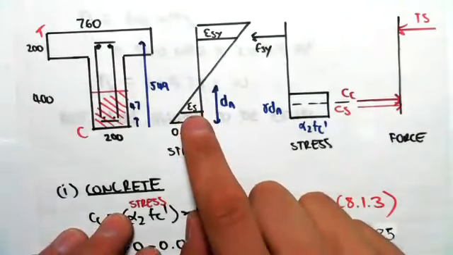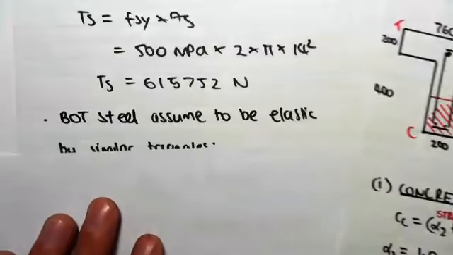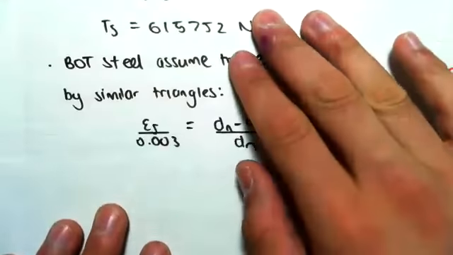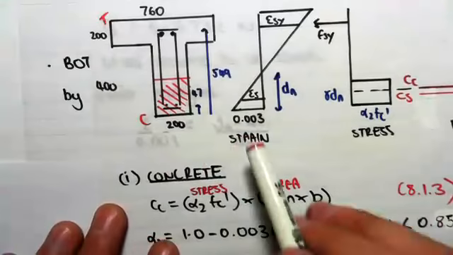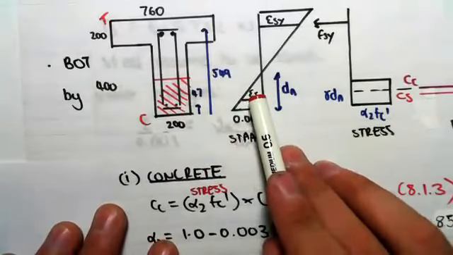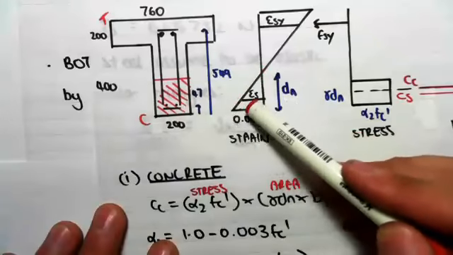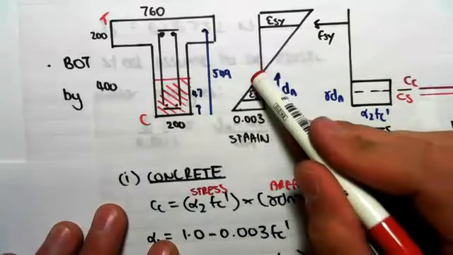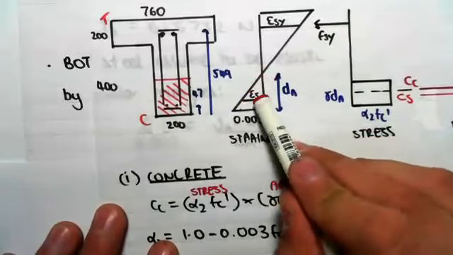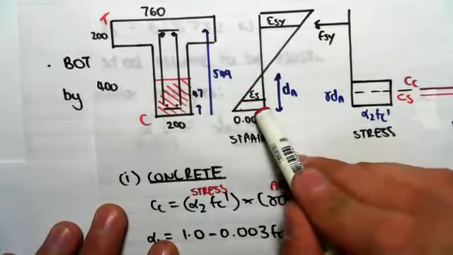The way we find the strain in the bottom steel is by doing similar triangles. So by similar triangles, we're going to say that the strain in the steel, εs, on 0.003, so we're doing similar triangles of this big triangle and this smaller triangle bounded by εs. Okay, so that triangle there and the bigger triangle.